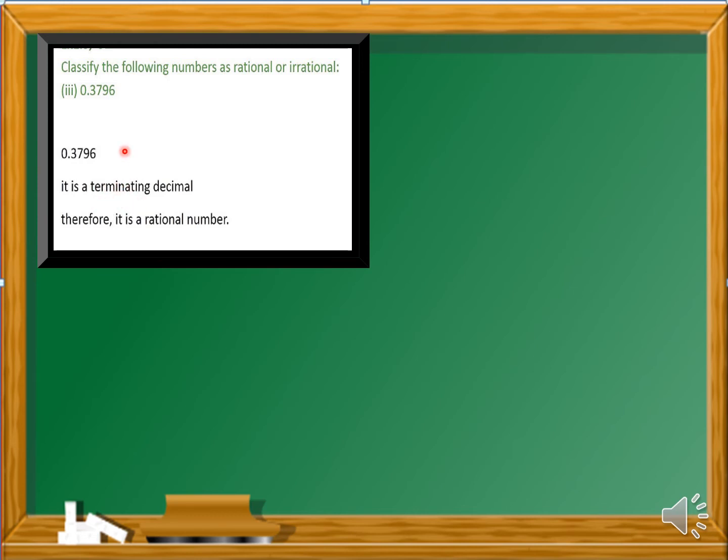Actually, terminating and non-terminating are not the same. Non-terminating is that if we take the same number, we can assume it as 0.3796 dot dot dot. So when we are representing it with dots, it is said to be a non-terminating decimal expansion, as the particular decimal expansion is not ending.